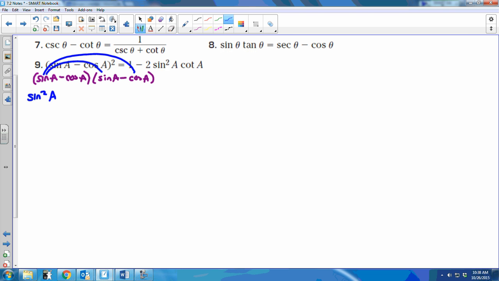We have sine times negative cosine, so that's negative sine times cosine. Negative cosine times sine. And then negative cosine times negative cosine is positive cosine squared. Right, all I did was FOIL.